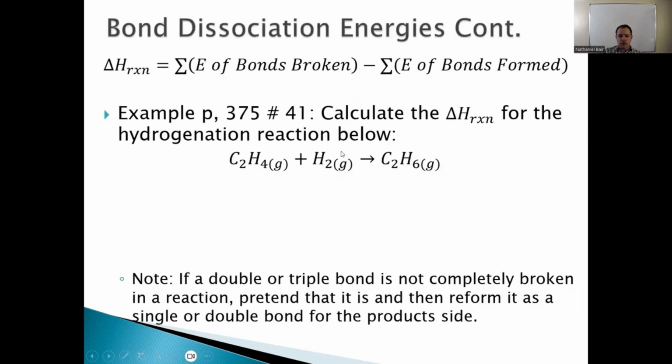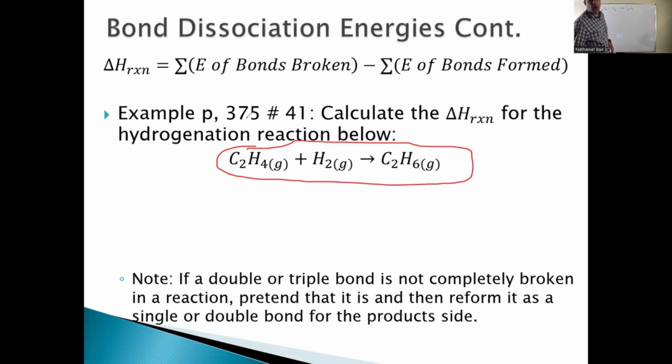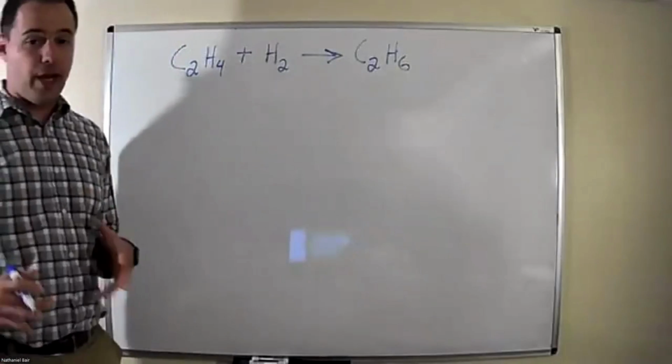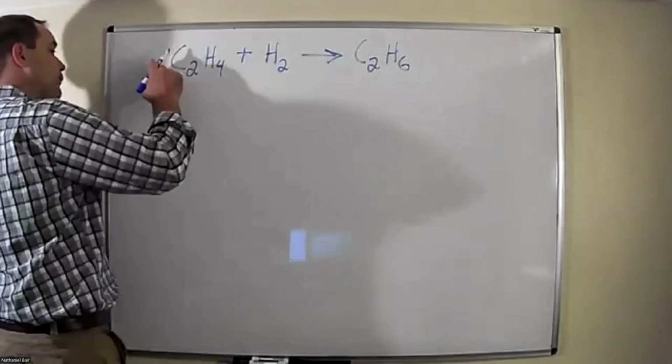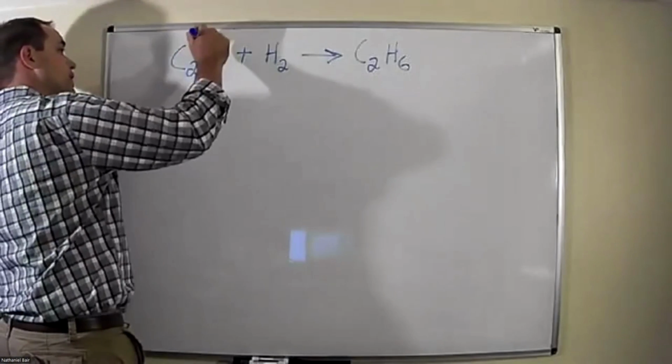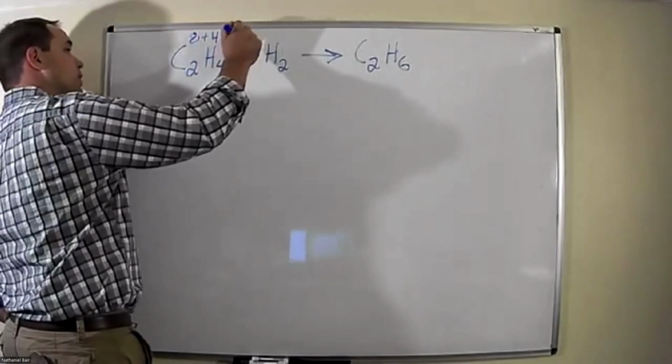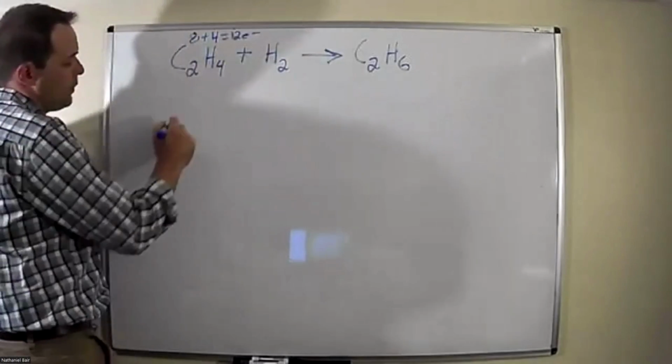The first thing you have to do is draw the Lewis structures. So I'm actually going to write this down on the board. Give me a second. First thing you've got to do is draw the Lewis structures. So if you have a periodic table, let's go through this. That's going to be 4 times 2, that's 8, plus 4, that's 12 electrons to work with.